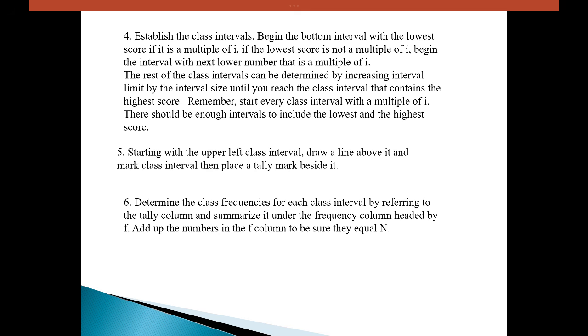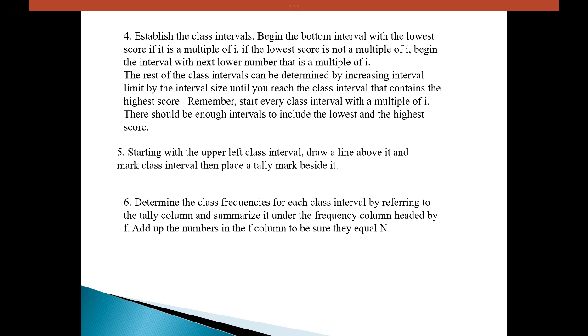If the lowest score is not a multiple of i, you need to begin with the lowest multiple of i that is lower than the lowest score, or your lowest data, so that your lowest data will be included in the lowest class interval. Remember that you should start every class interval with a multiple of your class interval size.